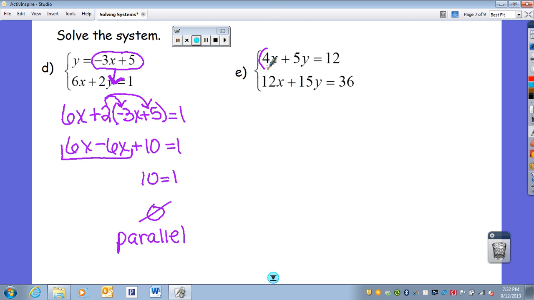I can multiply 4x by negative 3, and they will be exact opposites of one another. So when I distribute, and please remember you must distribute the negative 3 to all the terms in the equation, I have negative 12x minus 15y equals negative 36. And I will rewrite my bottom equation directly underneath.